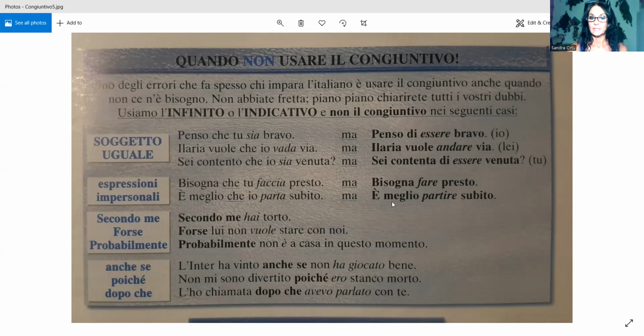Instead, in the other option, in fact it's a different sentence, we have è meglio partire subito. It is better to leave immediately. So this does not have a specific person that needs to leave immediately. It's more general. It is more impersonal, in fact. It is better to leave immediately, all of us.